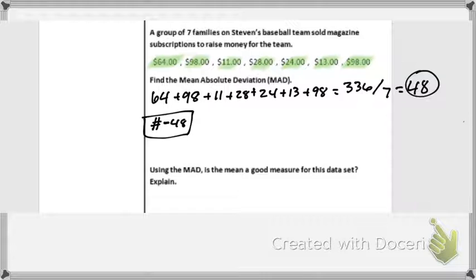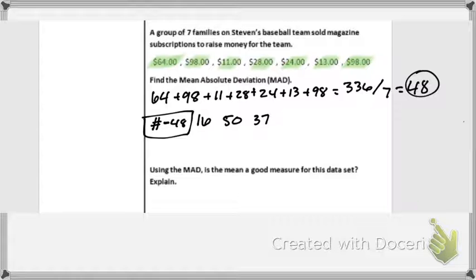So the first one, we got 64 minus 48. We got 16. 98 minus 48, oh, sorry, we got 50. We got 11 minus 48. We get negative 37, but we want it as a positive, so we're going to put positive 37.